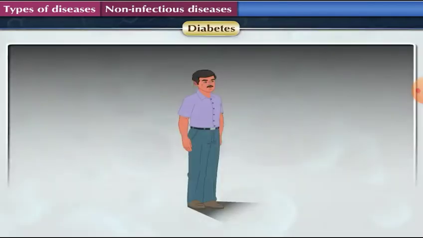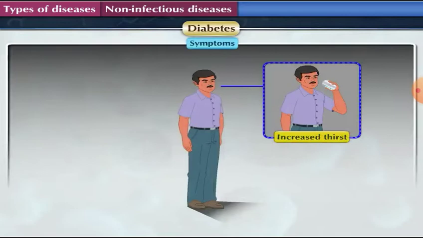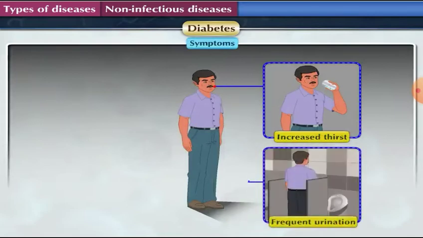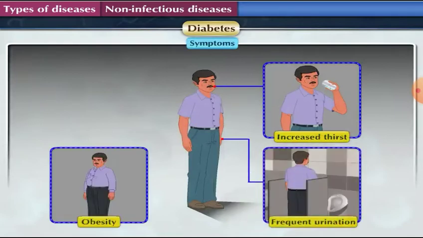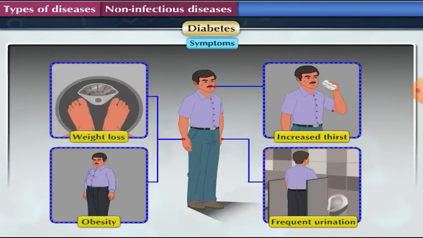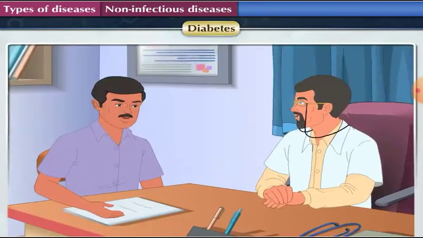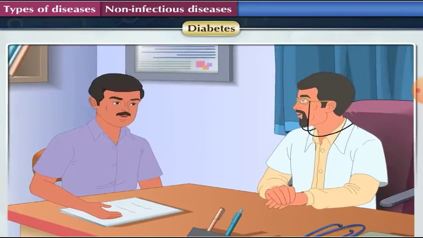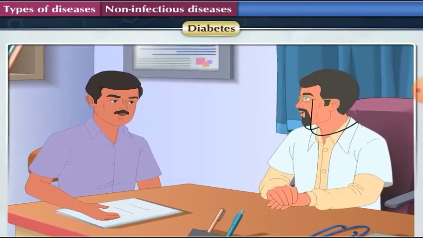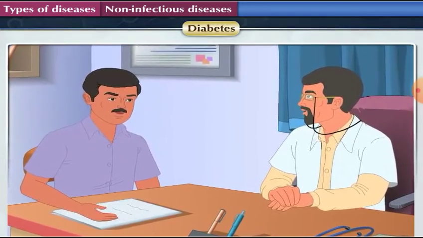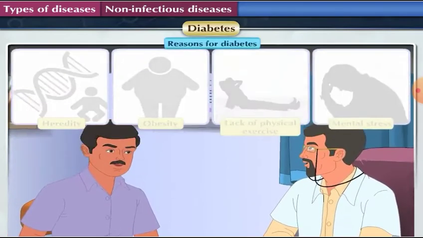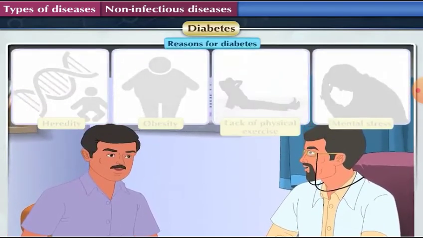If a person suffers from symptoms like increased thirst, frequent urination at night, obesity, or unexplained weight loss, it should not be ignored. The person should consult a doctor immediately because there is always a possibility that the person may be suffering from diabetes.